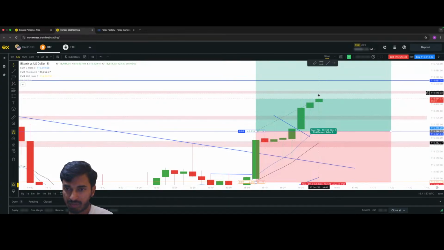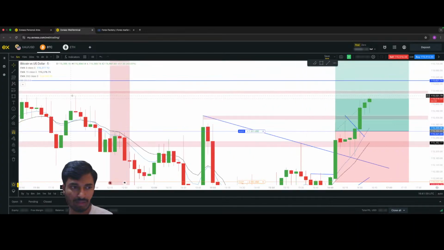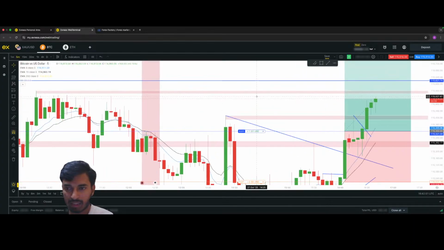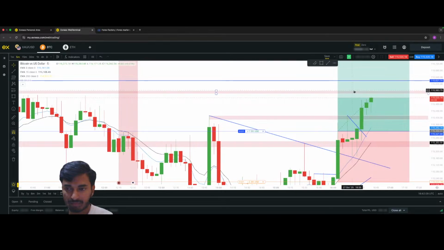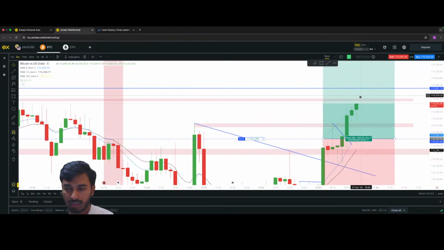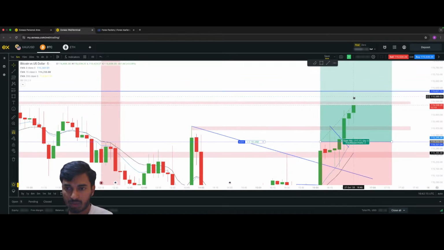Now, if this breaks, it is a liquidity grab, because institutional people need so much liquidity. If it takes down the SL, then it can take bullish trades. I mean, it can massively break out and go above this.